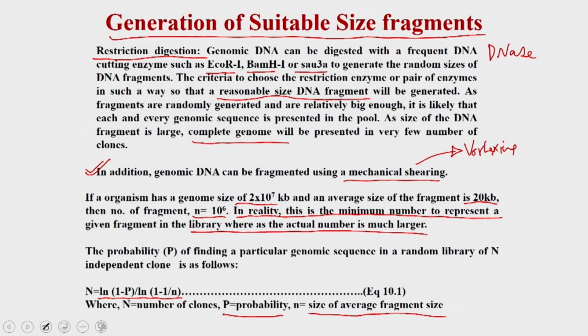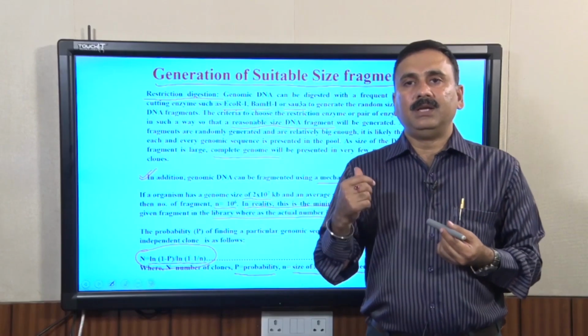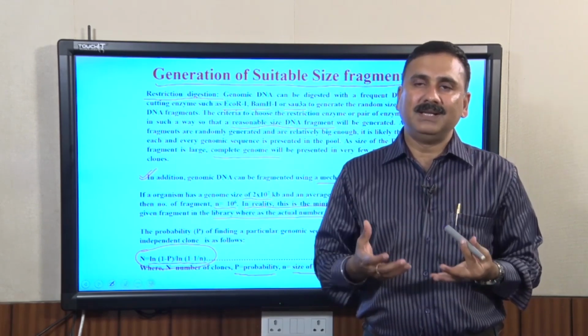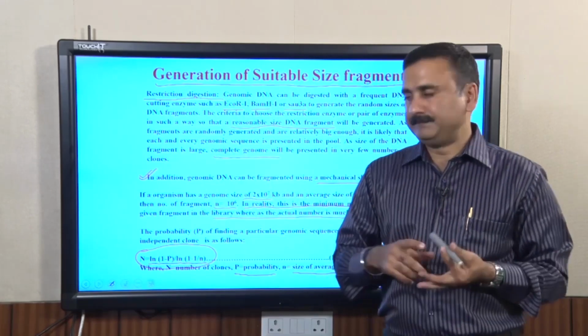So, you can use this formula to ascertain that you are going to have a 100% probability that your particular gene fragment is represented in that genomic library.